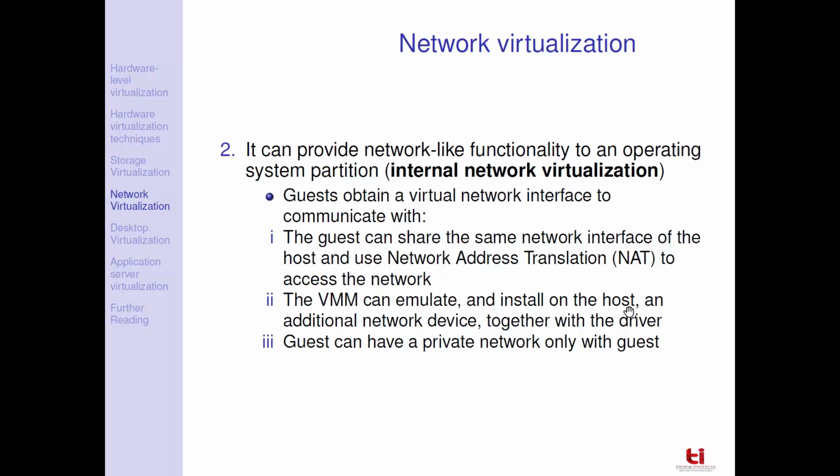Third, guests can have a private network only with the guests. So network virtualization provides network-like functionality to an operating system partition. If there are multiple guests, these are the various options for how they can access the network.